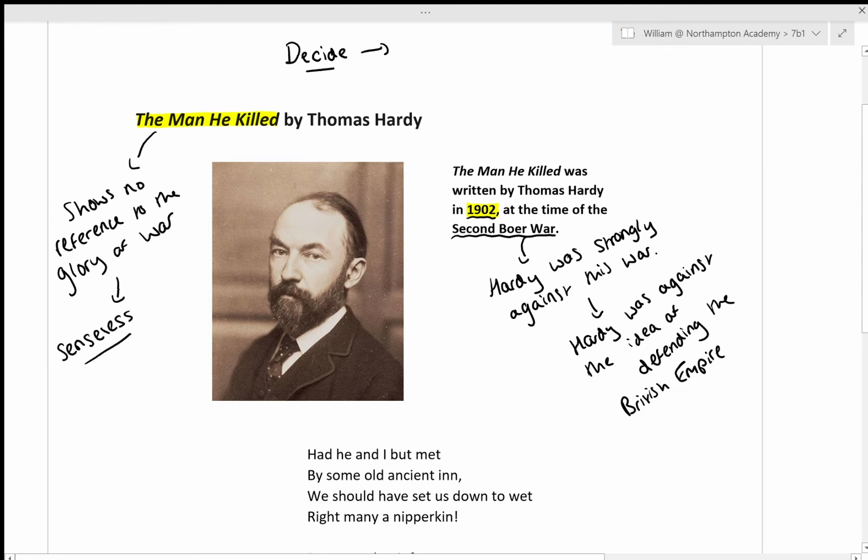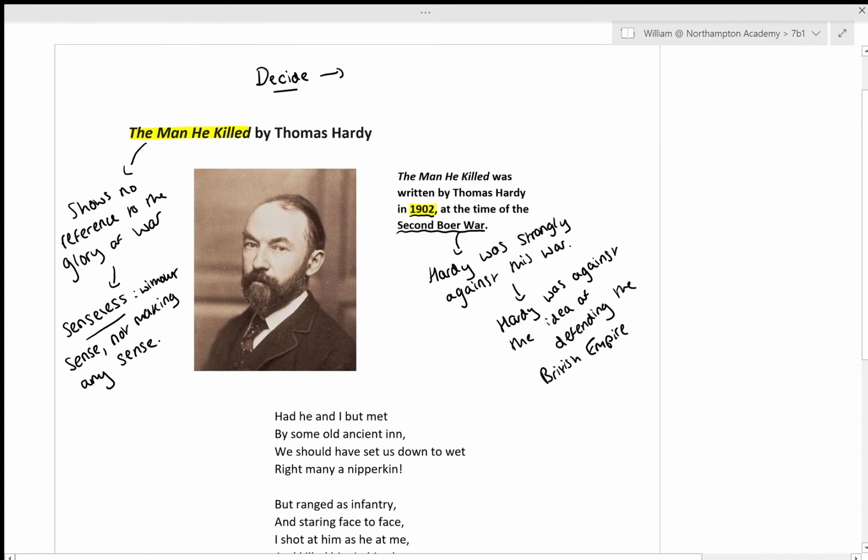What I mean by senseless is without sense, not making any sense. So the title of this poem shows no reference to the glory of war and really emphasises the senselessness of man killing fellow man.